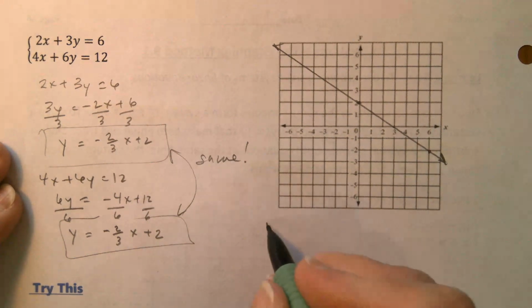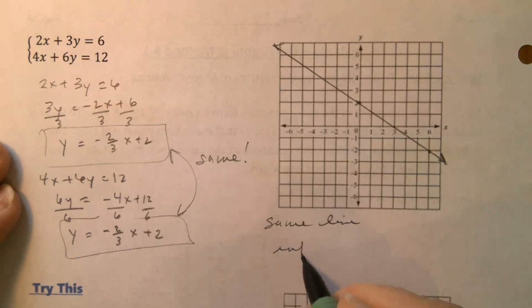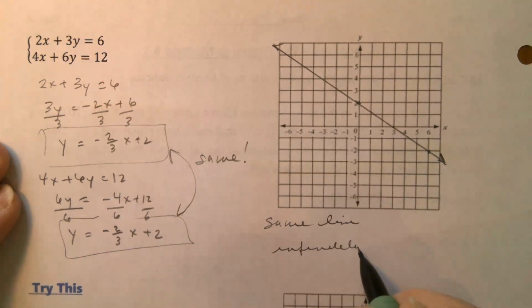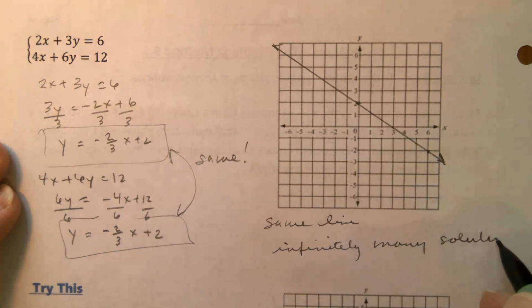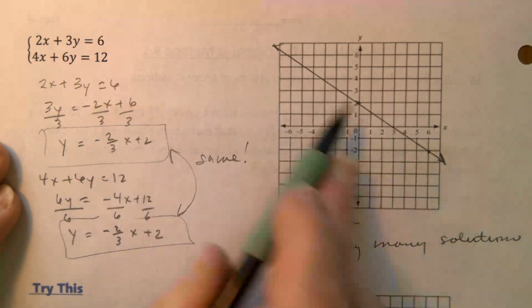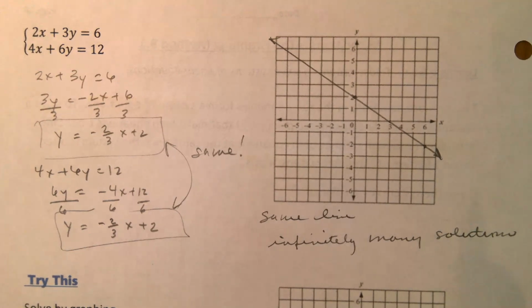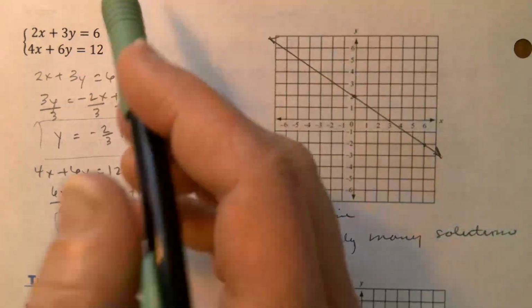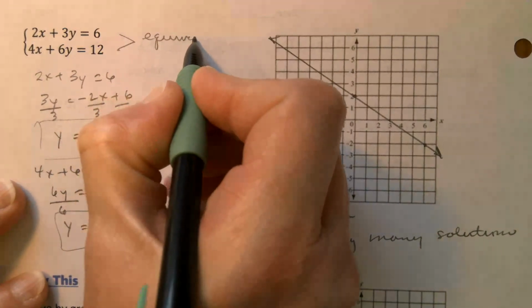So when I have the same line, which can happen, I have infinitely many solutions. So there's an infinite number of solutions because this line goes on in both directions infinitely. So there's an infinite number of solutions, and they all make both equations true. And what this means is that these two equations are equivalent equations.